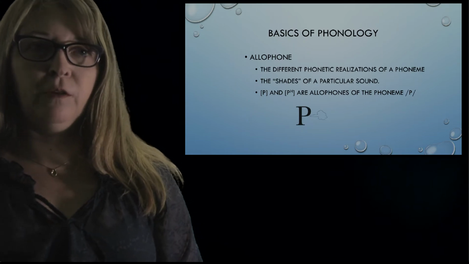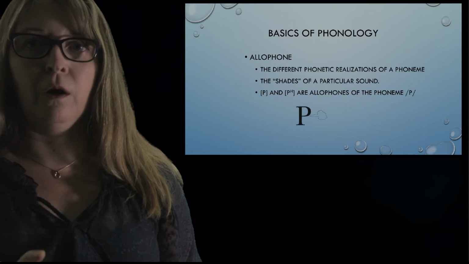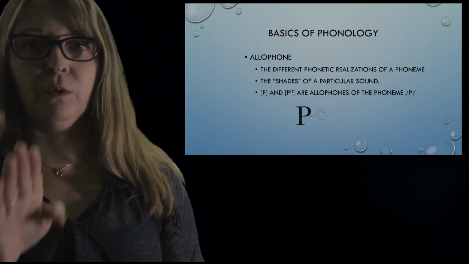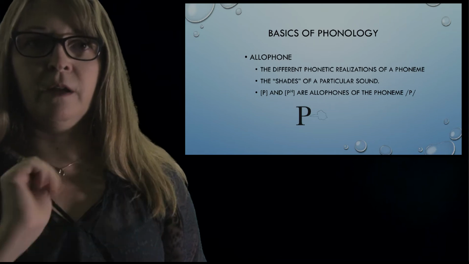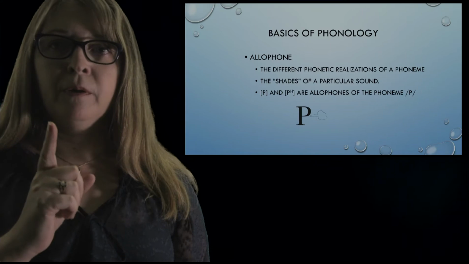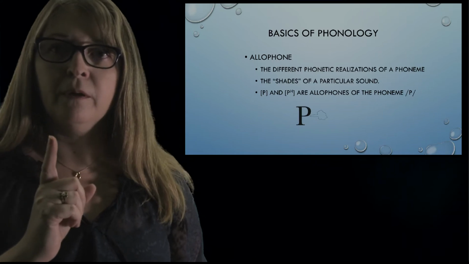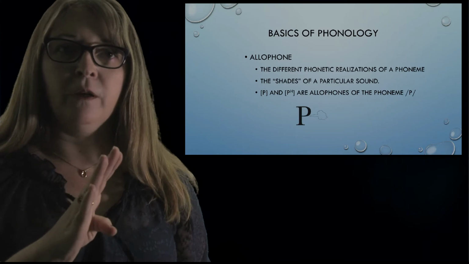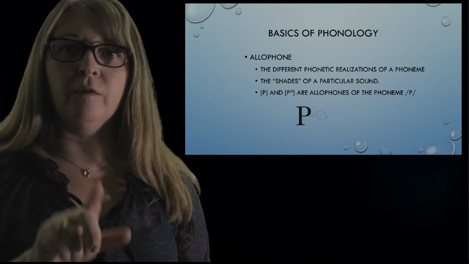The different phonetic realizations of a phoneme are allophones. So you have one phoneme and then different ways to realize the sound of that phoneme. So, like spin, p, and pen, aspirated, are allophones of the same phoneme.